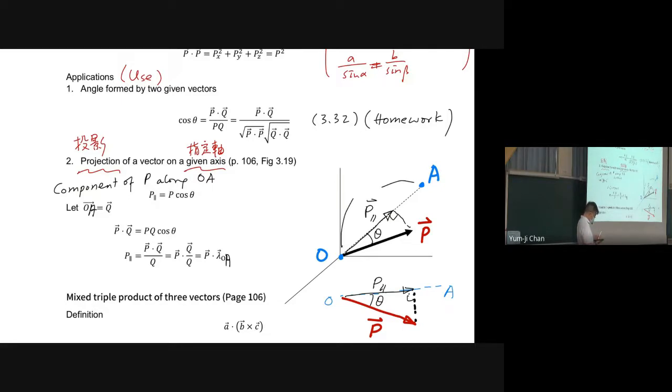It does not need to be equal to 1. It can be short or it can be long. But the key point is we want to get the direction. We want to get this direction. Okay.